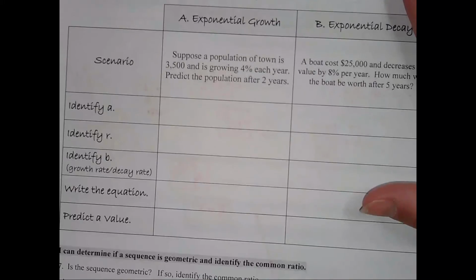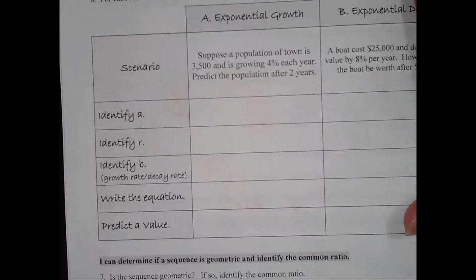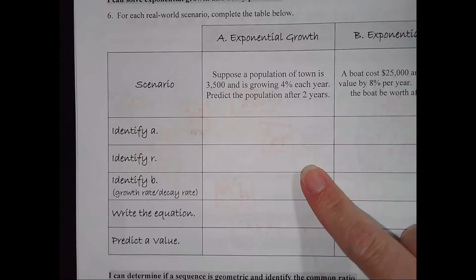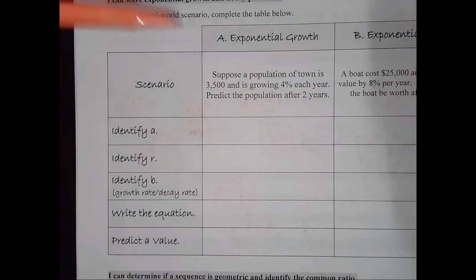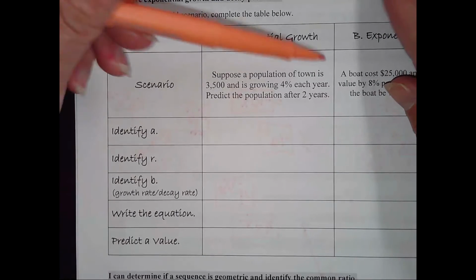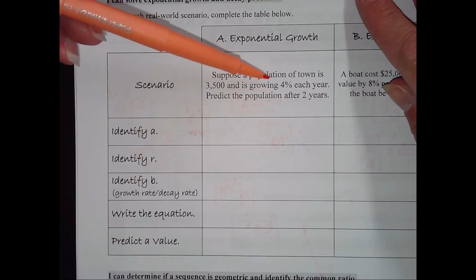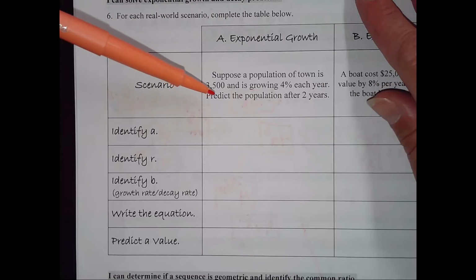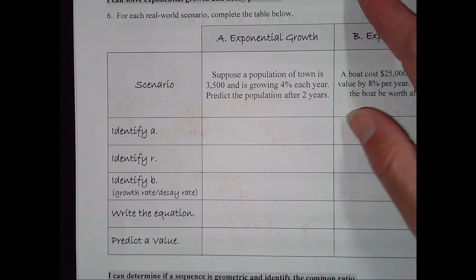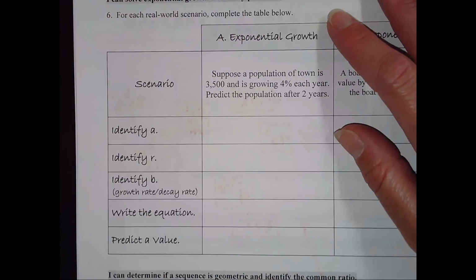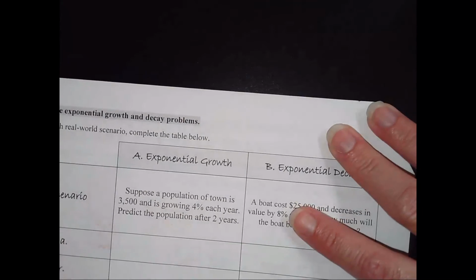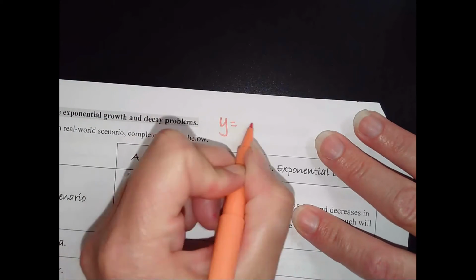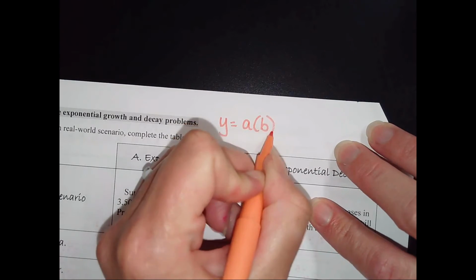Story problems. Okay, first scenario. It says, suppose a population of a town is 3,500 and is growing 4% each year. Predict the population after 2 years. So all of your exponential equations have to be of the form y equals a times b to the x.